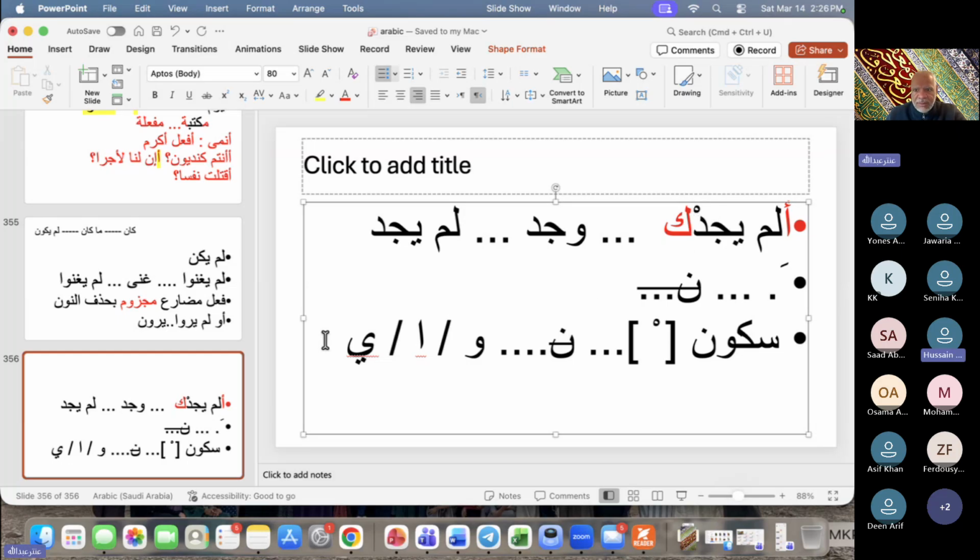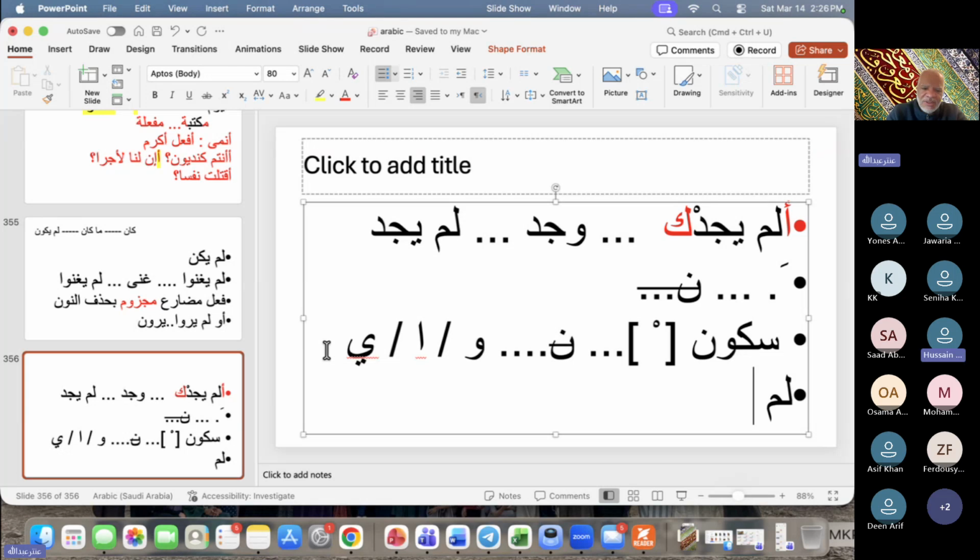Is it the same reason lam yalid got the sukun on dal? Yeah, that's it. So if it is a singular verb, you will have the sukun. Lam yalid, and it becomes now with qalqala. Lam yulad. Same thing, you have got the dal with the qalqala. So if it is a singular verb, like he did, then you have the sukun.